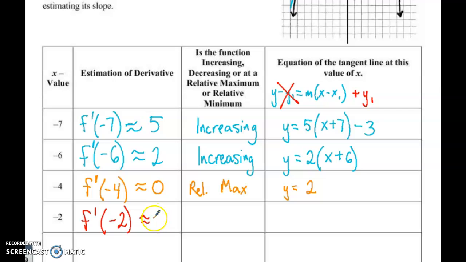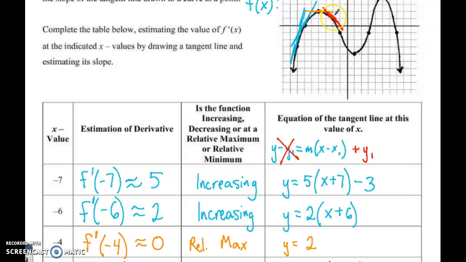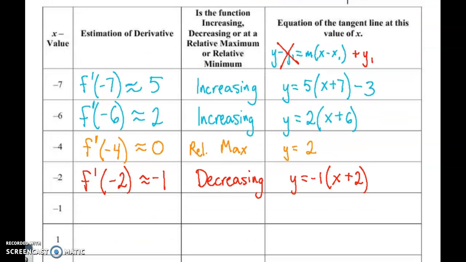You can probably tell the color code that I'm trying to do there. But it's going down and to the right, so this would be a decreasing function. So as I write the equation of the tangent line, I like to start with the slope, and then x minus your x-coordinate, which is -2, makes it x plus 2, and the y-coordinate at that point was supposed to go up to 1, so I'm going to write plus 1.